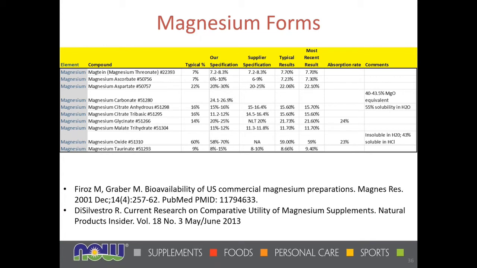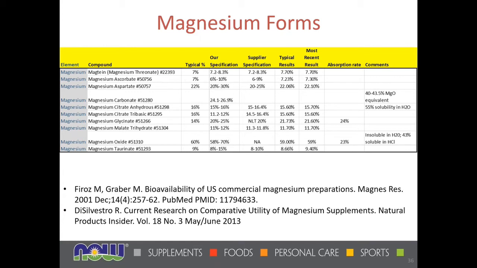So if you want to make a claim, you can get 400 milligrams of magnesium in one capsule, you're almost always going to have it be in the form of magnesium oxide, because that's the one that has the most magnesium per weight unit, per serving.